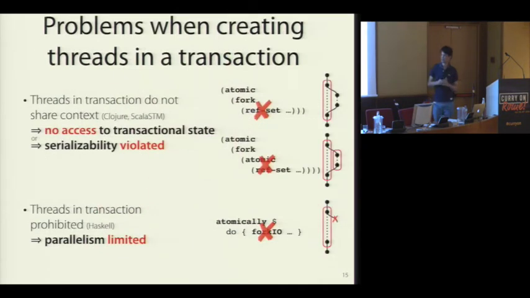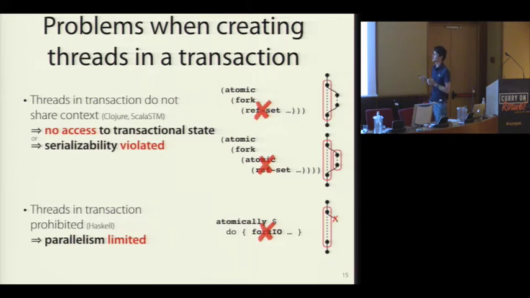First of all, if you try to write this program in Clojure, it does not work because threads created in a transaction do not have access to the transactional state of the encapsulating transaction. In this code example, if you try to access a transactional variable inside a future that was created inside a transaction, this won't work because at that point you do not have access to the transactional state.